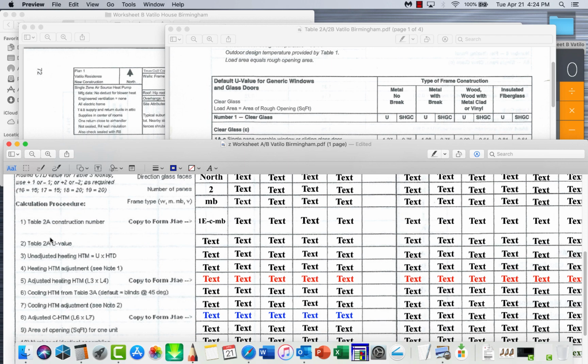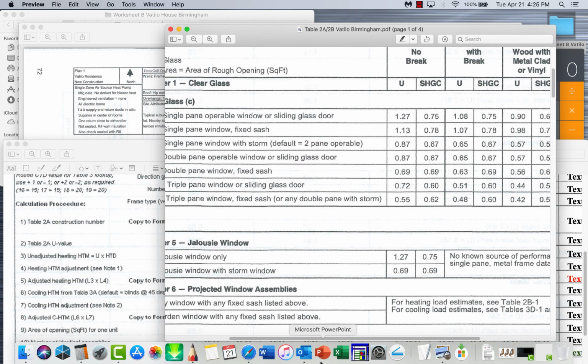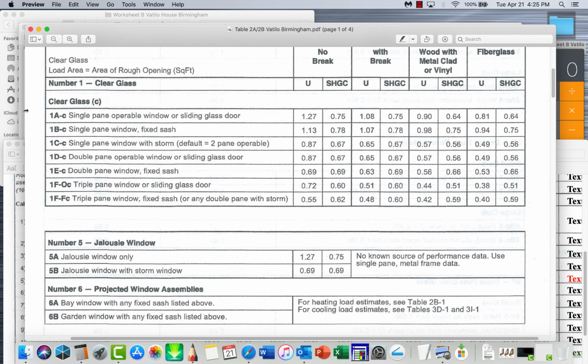All right, next thing, table 2A U value. This is line number 2, table 2A U value. So like I said, it's going to be this one right here. So what is our U value? Well, you have a couple options right here. Looking at this window, here we go. Let's make it big so we can see it. Now we're this one right here, double pane fixed sash.